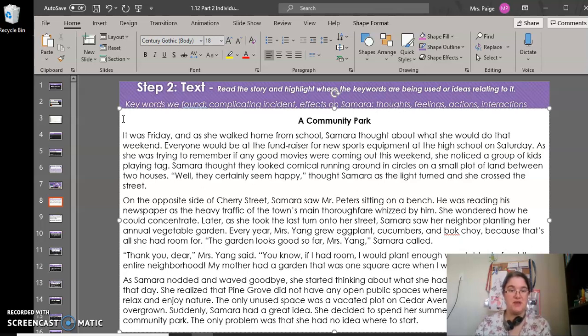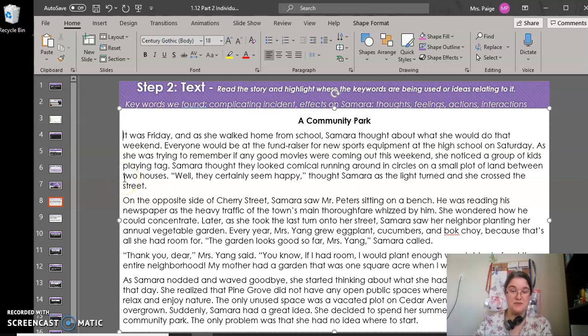Alright, so the first page, we're starting with, it was Friday, and she was walking home from school. Samara thought about what she would do that weekend. Everyone would be at the fundraiser for new sports equipment at the high school on Saturday. As she was trying to remember if any good movies were coming out this weekend, she noticed a group of kids playing tag. Samara thought they looked comical, running around in circles on a small plot of land between two houses.